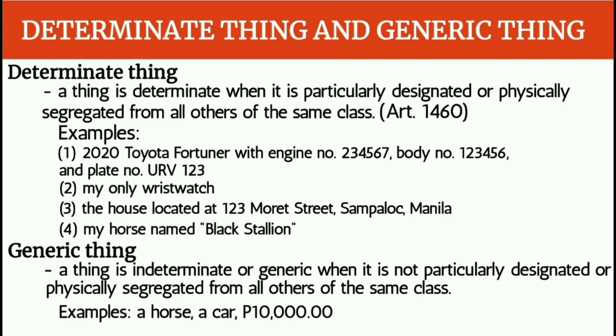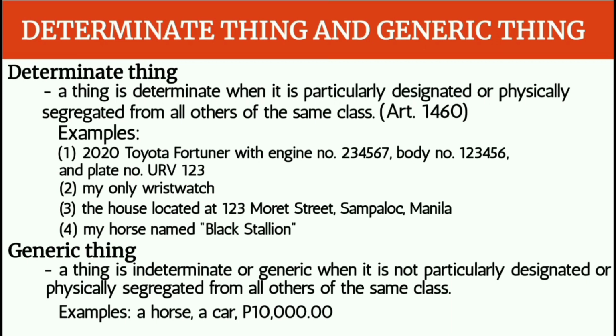Examples of generic thing are horse, a car, and 10,000 pesos. Ang unang example ay a horse. Of course, this is not particularly designated or physically segregated from all others of the same class kasi nga ang dami-daming kabayo. Next, a car. This is also a generic thing kasi nga ang dami-daming kotse. Hindi natin masegregate.